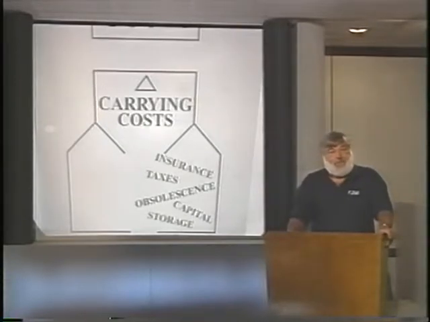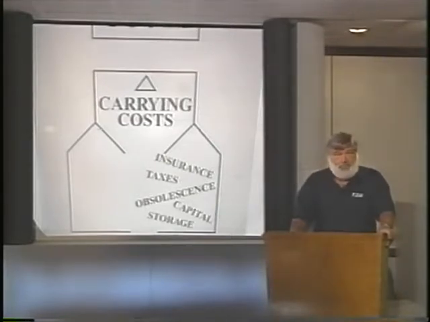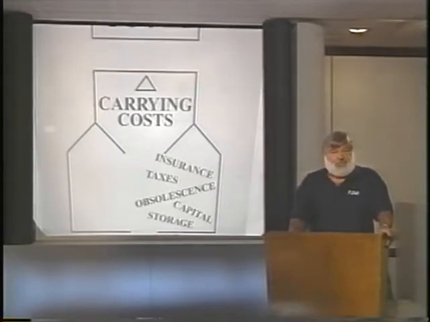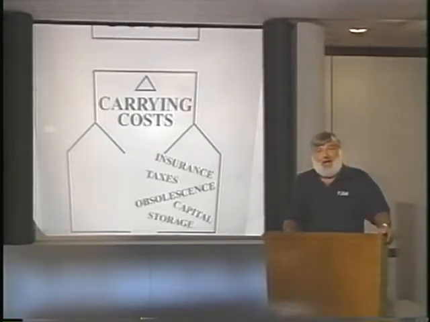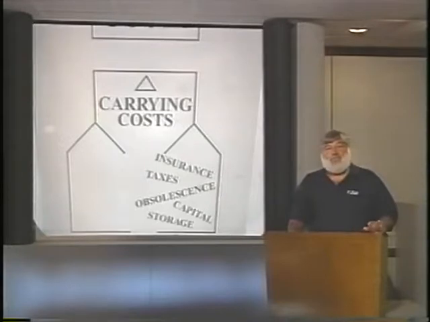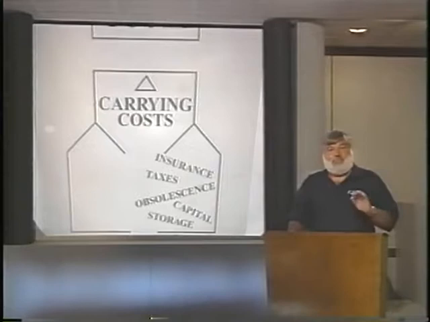But the data elements that comprise the carrying cost are the insurance you pay for your assets called inventory, the taxes on the inventory assets, the obsolescence cost if you truly have an obsolescence program, the cost of capital, which is the cost of borrowing with any percentage points, and the cost of storage. Now, all of these costs are on an annual basis, and for most companies represent approximately 20% per dollar per year.